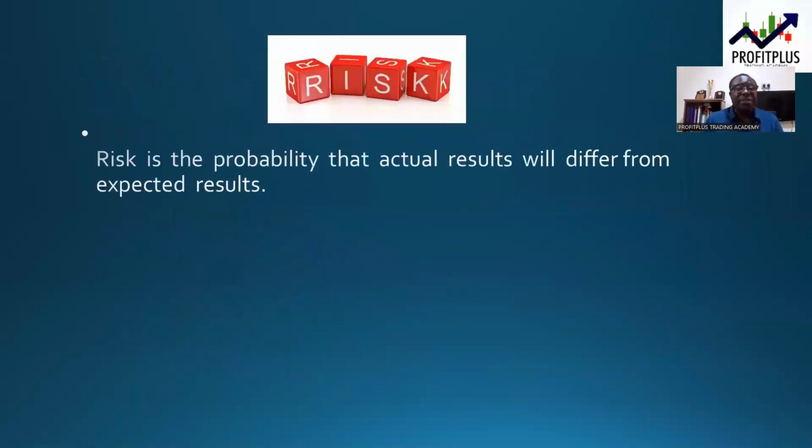Okay, let's look at risk. What is risk? Risk is the probability that actual results will differ from the expected result, and this cuts across every aspect of life, including Forex trading. So no matter how accurate your trading strategy is, or how confident you are about a particular trading opportunity you have seen, you need to protect your account.